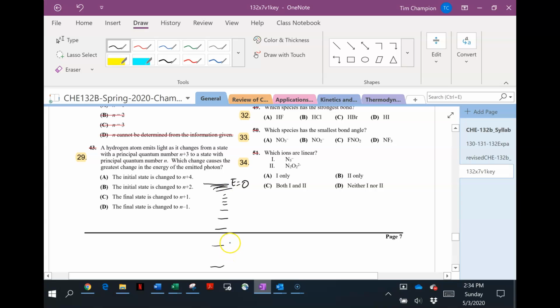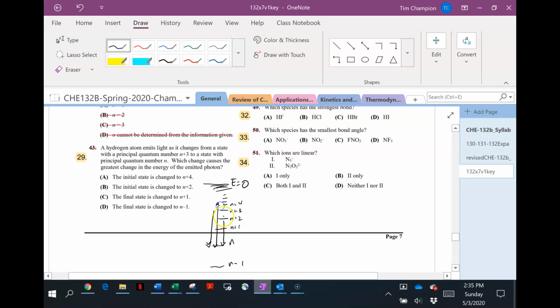So if, for example, this was our n, then this would be n+1, n+2, n+3, n+4, n-1. If we look at going from here to here, that is the original thing. Answer A would be going from here to here. Answer B would be going from here to here.